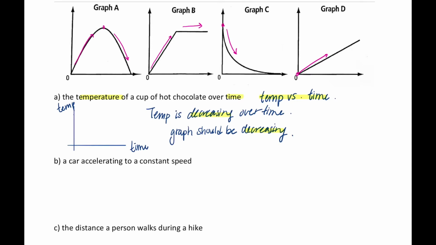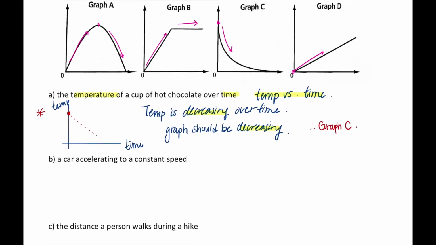So let's say we start at a higher value of temperature because it's quite hot, and it's decreasing over time. And anything that resembles this particular situation would be graph C.